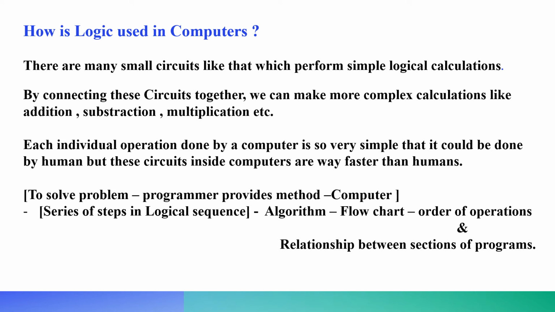An algorithm is expressed in the form of a flow chart, which is essentially a diagram that defines the procedure. A flow chart shows the order of operations and the relation between the sections of the programs. Flowcharts are independent of a particular computer or computer language.